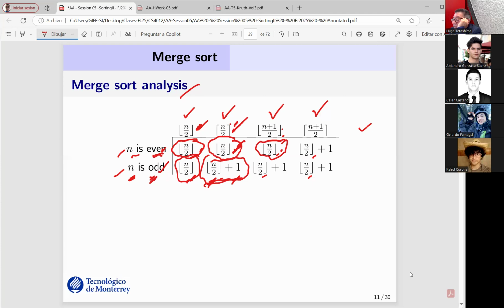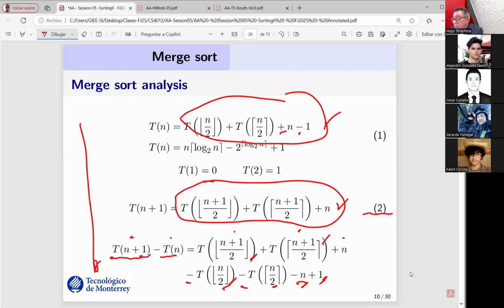And you can check the other cases, but at the end, what I have here is all the elements in this table in terms of n over 2 floor, which is okay because I want to use this table in order to compute this, because here you have n plus 1 over 2 floor, n plus 1 over 2 ceiling, n over 2 floor, n over 2 ceiling.